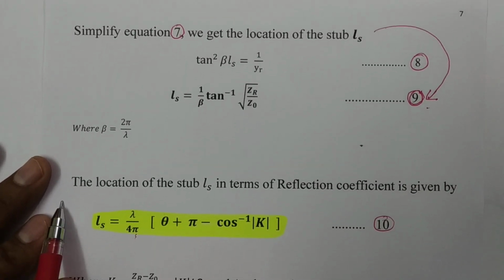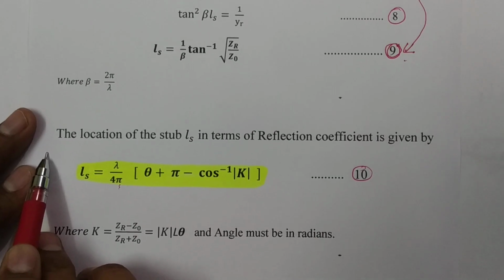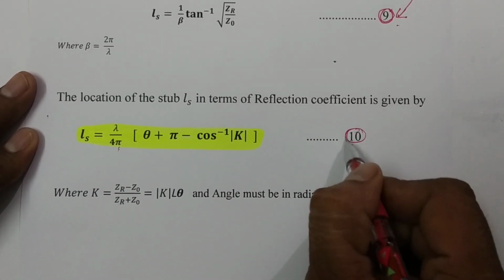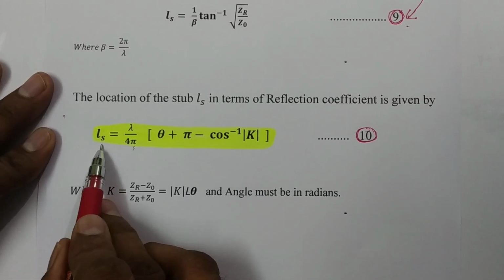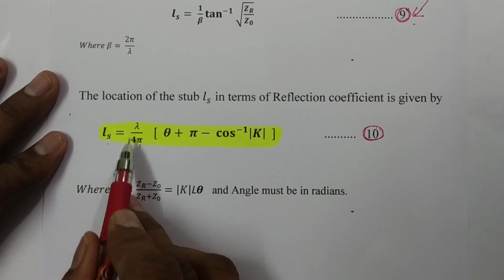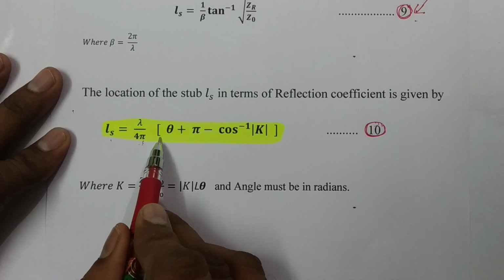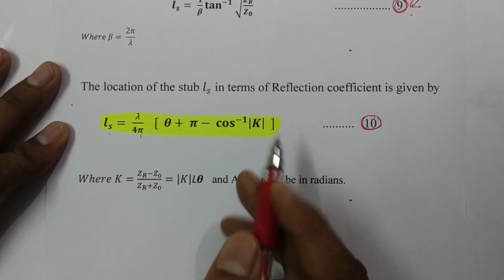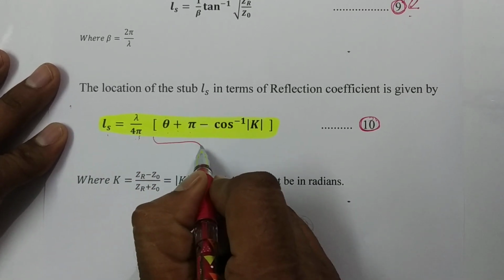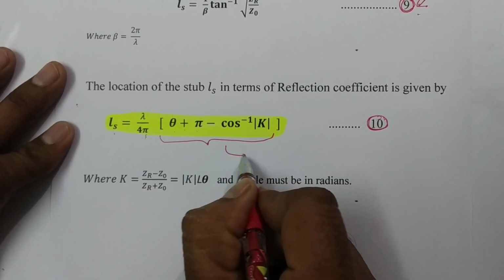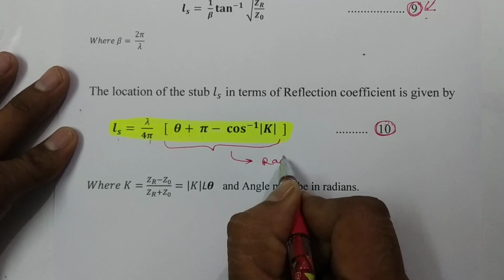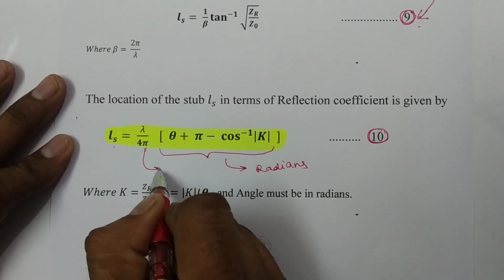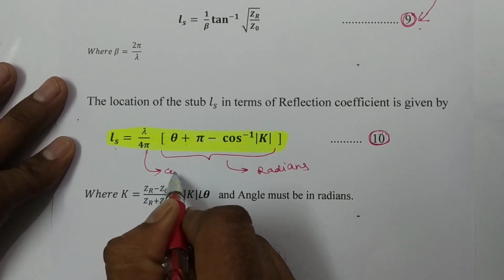The location of the stub in terms of reflection coefficient is given by equation number 10, that is, Ls is equal to lambda by 4 pi in bracket theta plus pi minus cos inverse mod K. And here the terms in the bracket should be in terms of radians. Here pi is a constant.